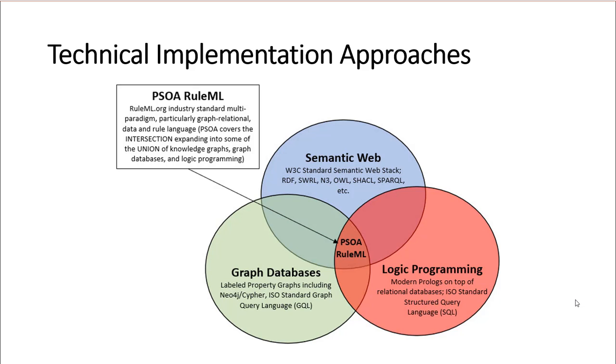There are different ways to implement an expert system. The semantic web stack is one way. Graph databases is another way. Logic programming, Prolog, is what we used to create Pacioli, which you'll probably run into. But that's a brief explanation of what the Seattle method is and why it exists and what it does. And I'll stop there.